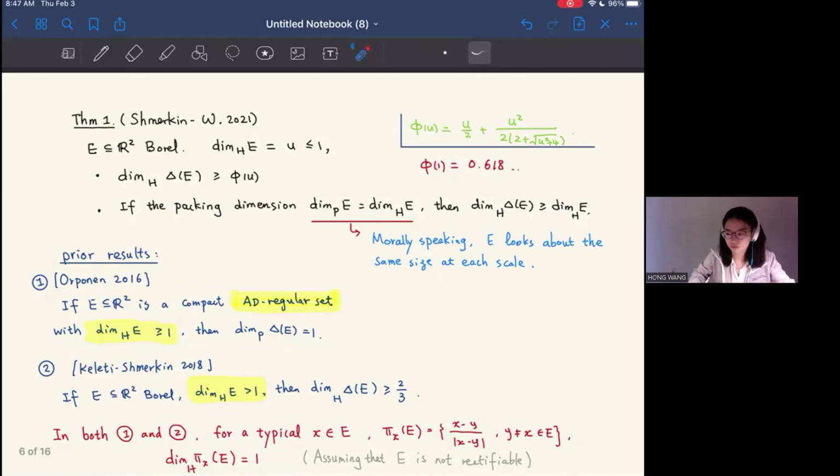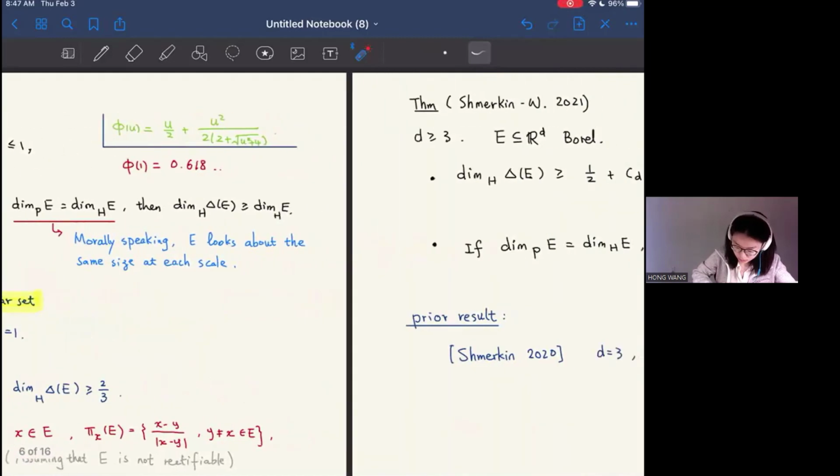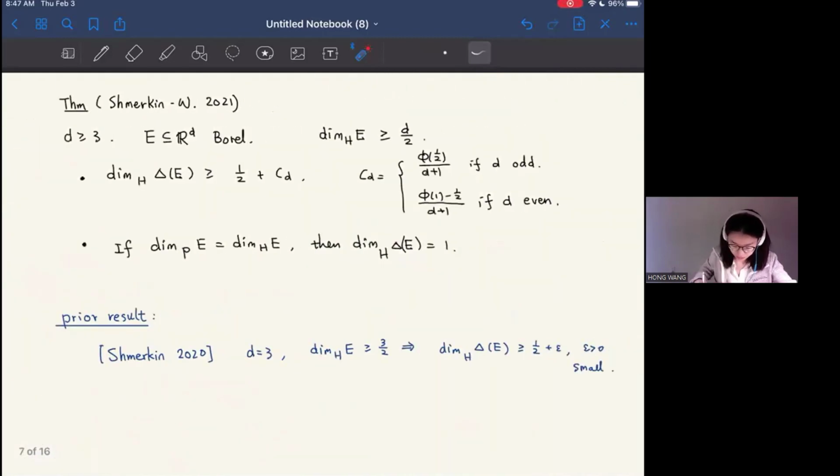So this is our first result. And then our second result is like a higher dimensional version that says that if the Hausdorff dimension of E is greater than D/2, then the Hausdorff dimension of the distance set is greater than 1/2. Sorry, here I made a mistake, this is not true.